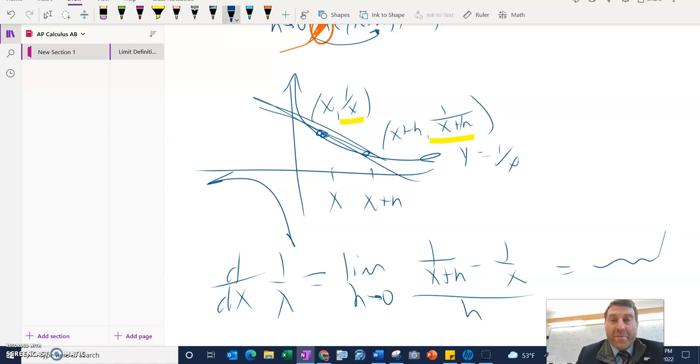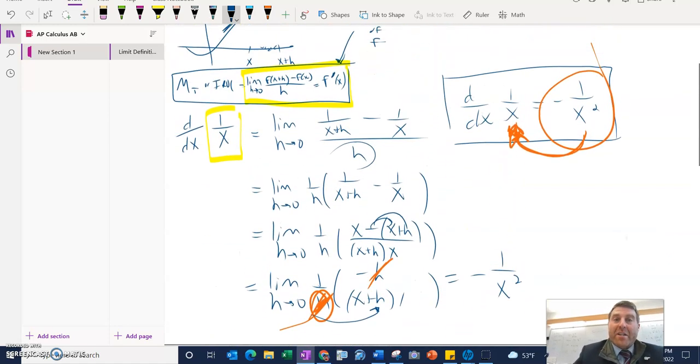Which we just did. So there's a visual interpretation as well. So if you need to draw the function and draw those 2 points, just be careful: if we're finding the derivative, those 2 points are going to be an x and an x plus h for the x values, right? Not a 2 and a 2 plus h, or a 4 and a 4 plus h, okay?